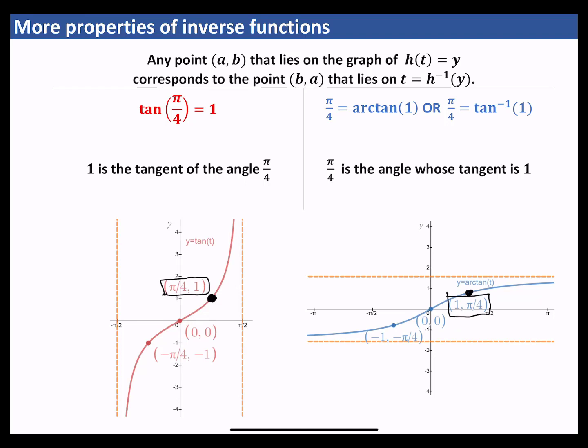So using function notation, we can say that the tangent of pi over 4 equals 1, which means 1 is the tangent of the angle pi over 4. Or we can switch perspective and say that pi over 4 equals the arctangent of 1, or pi over 4 equals the inverse tangent of 1, both of which mean pi over 4 is the angle whose tangent is 1.